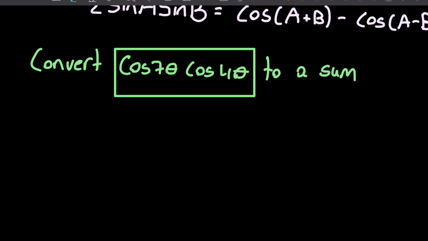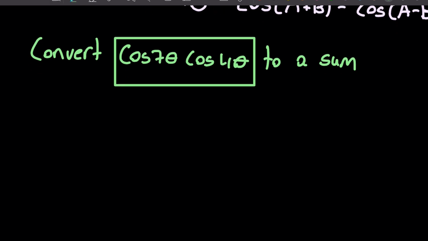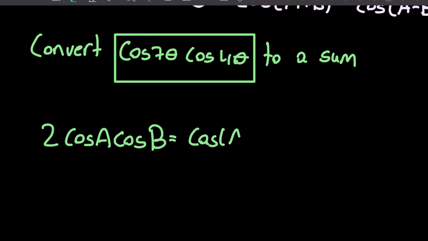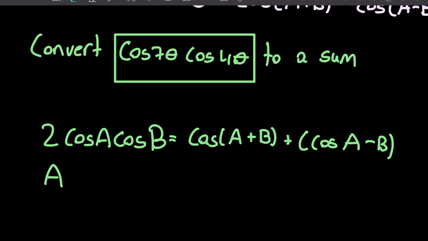So using that, we know that for cosine of A cos B, when they're being multiplied, the product of that is equal to the sum of 2 cos A cos B is equal to cos A plus B plus cos A minus B. And in this case, they give us A, we can just let A be equal to 7 theta, and B we'll say it's equal to 4 theta.